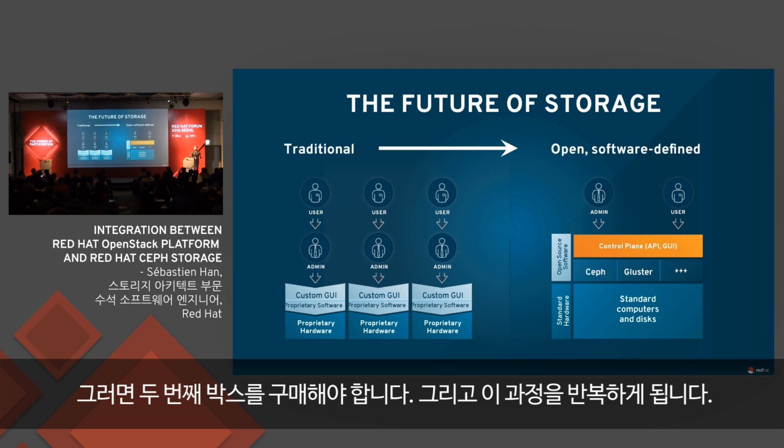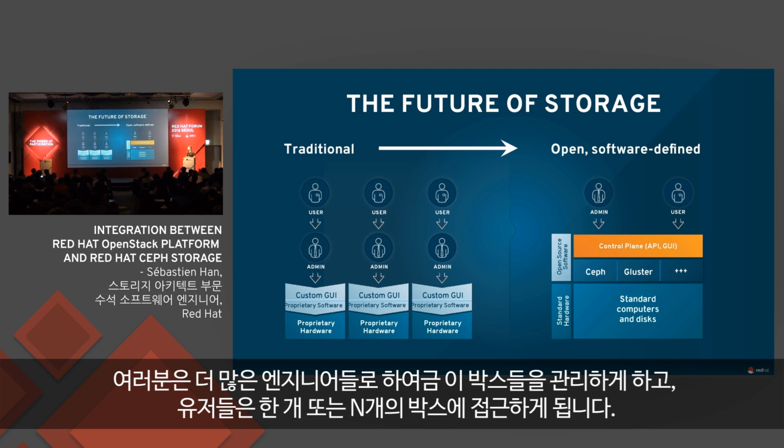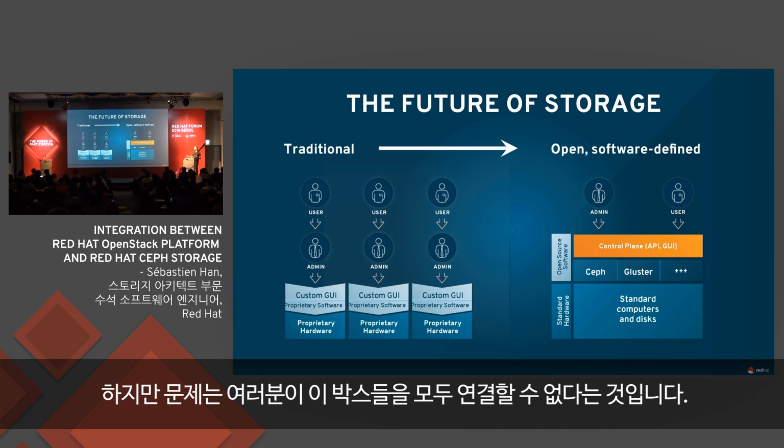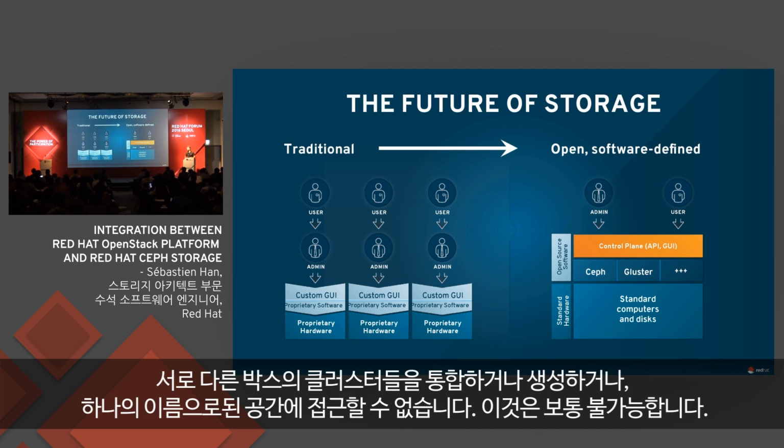And you repeat this pattern. So you need to bring in more engineers to operate these boxes. Users can access one or n boxes, but the main problem is that you can't really connect all of these boxes. You can't really merge or create a cluster of different boxes and access a single namespace. This is not usually possible.